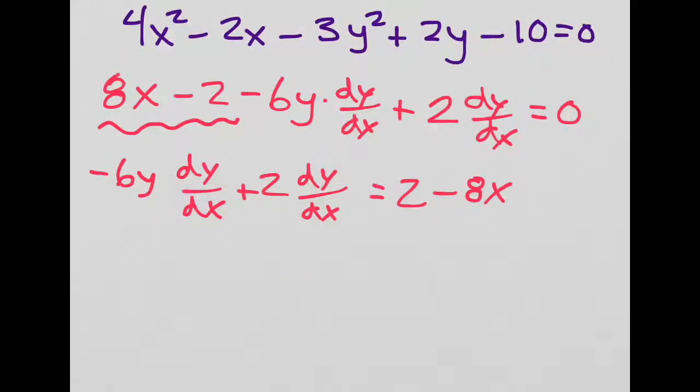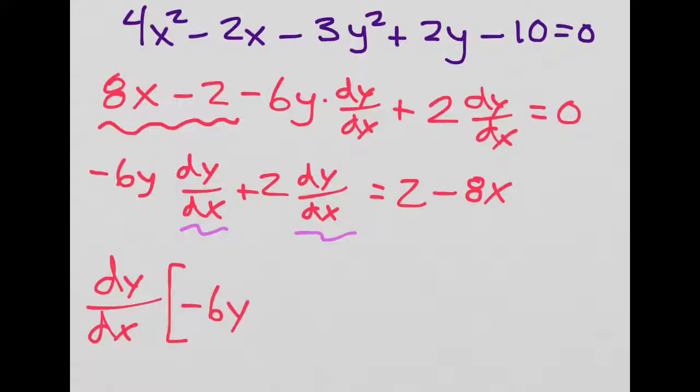And now, if you look at the left side, both of these terms have a dy/dx in them, which means I can factor that out. So I'm going to pull my dy/dx out front, and what am I left with in my first term? I'm left with negative 6y. What am I left with in my second term? I'm left with that 2. And so then that still equals this right-hand side, 2 minus 8x.